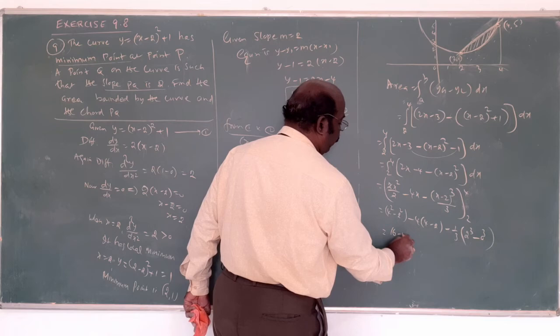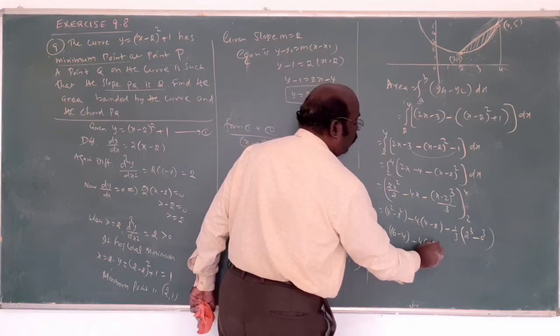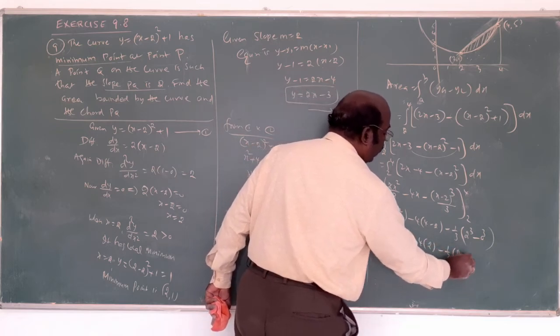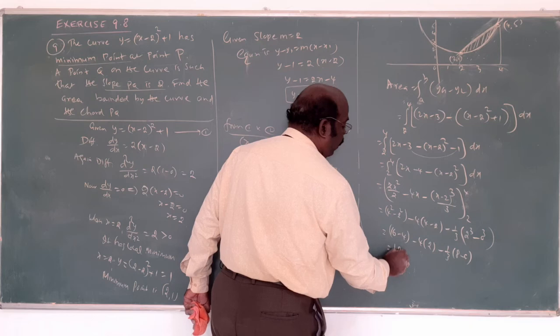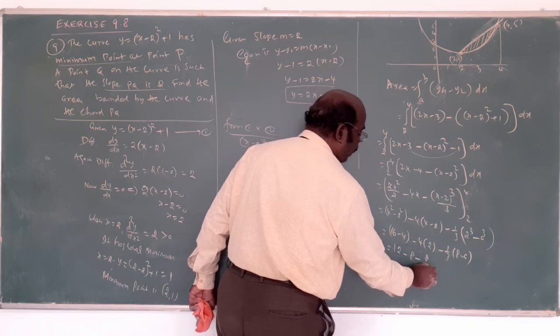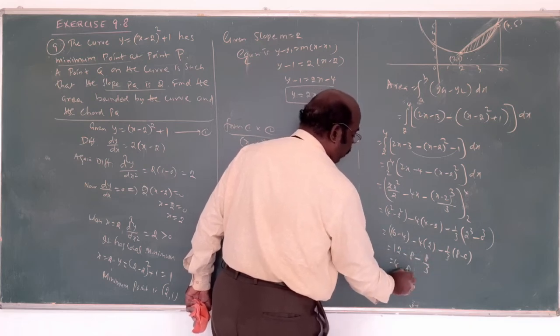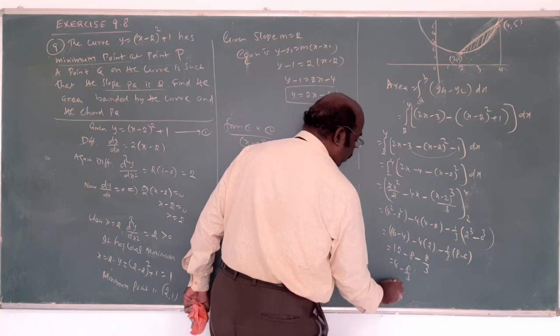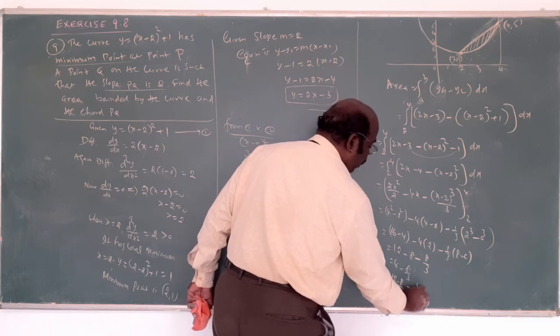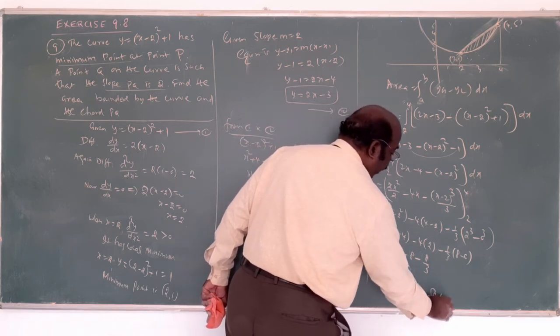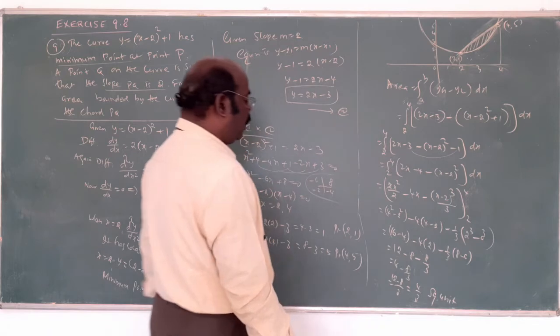Now 16 minus 4, so 4 into 2, minus 1 by 3 into 8 minus 0. Okay? We get 12, 8 minus 8 by 3. Subtract: 4 minus 8 by 3. 12 minus 8 is 4 by 3 square units is the answer. You can answer 4 by 3.